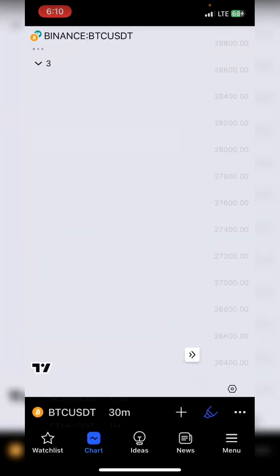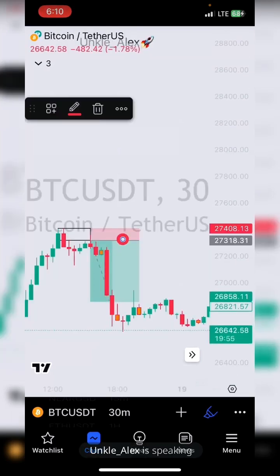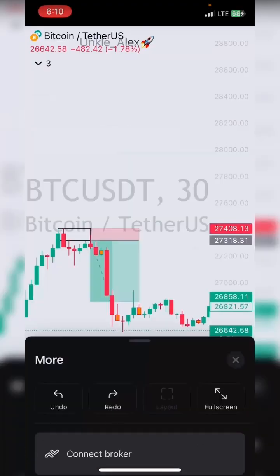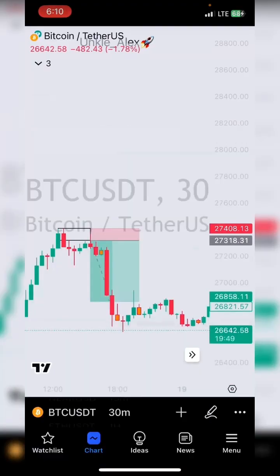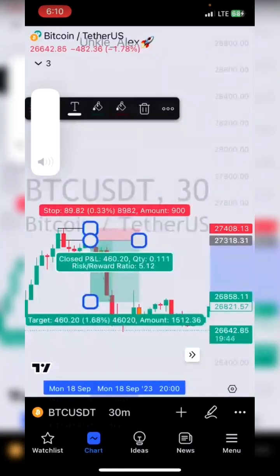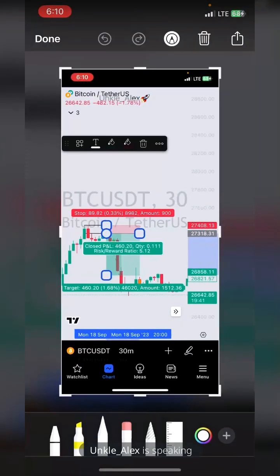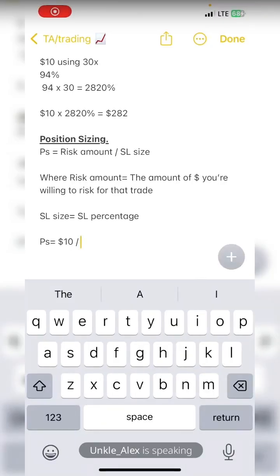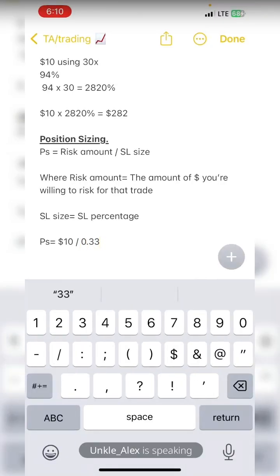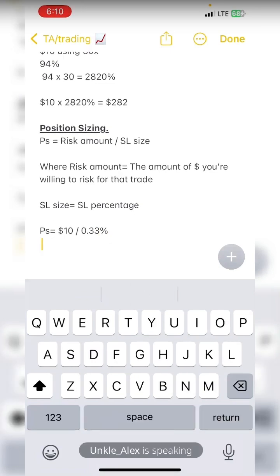You see this 0.33%? That is your SL percentage. So you do $10 over 0.33%. Believe me, this is very easy.